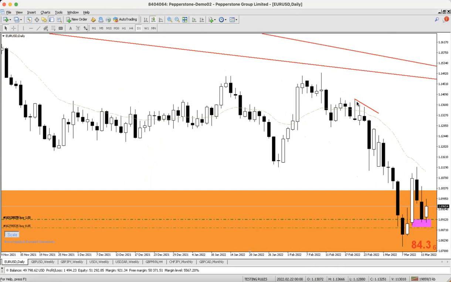Okay, so actually the valid area for this is here. Meaning the daily is going down.